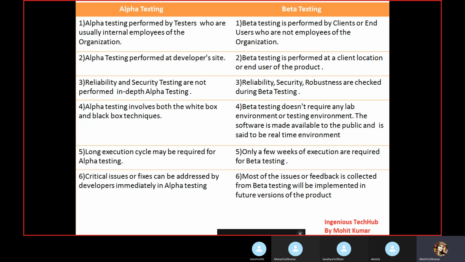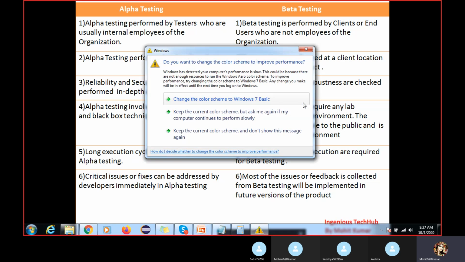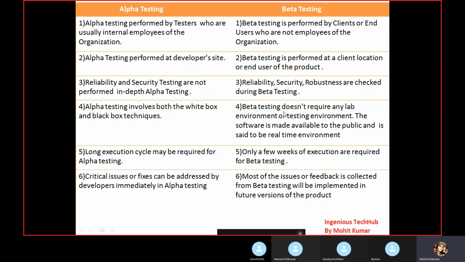A stage environment is a copy of the production environment, but in a stage environment, users are not using our product, we are using it, and we have to become a user and test over there. So that's why I have mentioned it is not like the software is made available to the public and is said to be a real environment. You can consider here we are testing our application on stage. If you deploy your application in production, we cannot test, right? The users are using it over there, we cannot test.